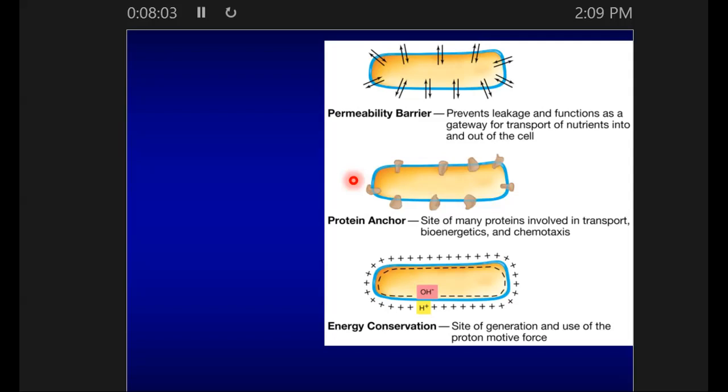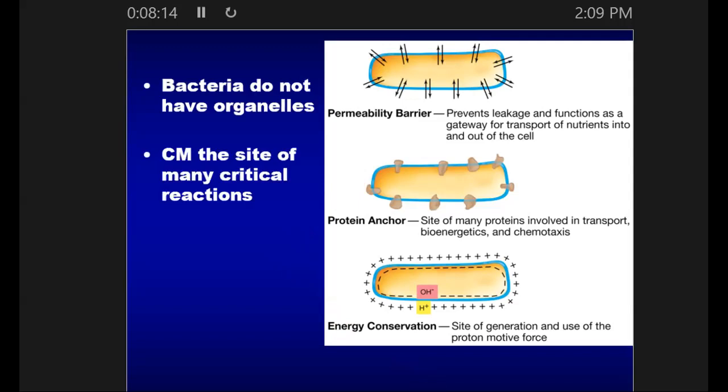They put that in their cell membrane. So it's an extra thing that they have to deal with. The cell membrane is really a workhorse for the microbe. And so we'll get into that as we get into metabolism, how they're using their cell membrane as part of their physiological processes.